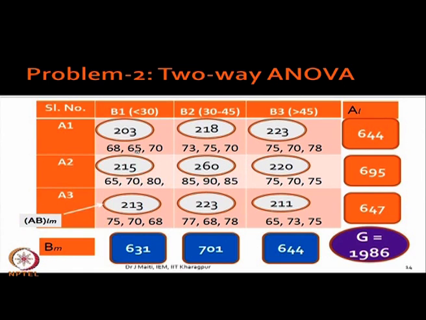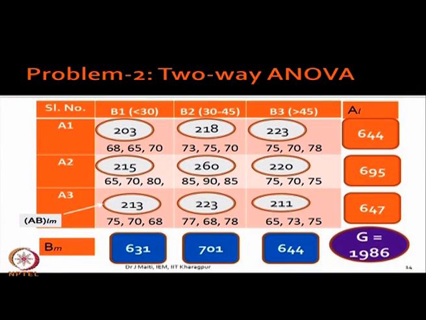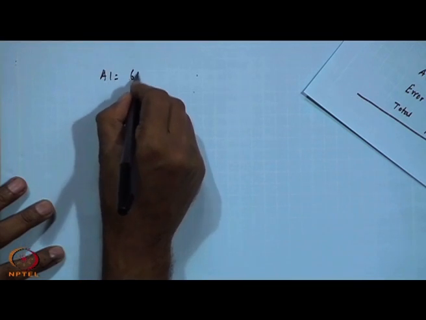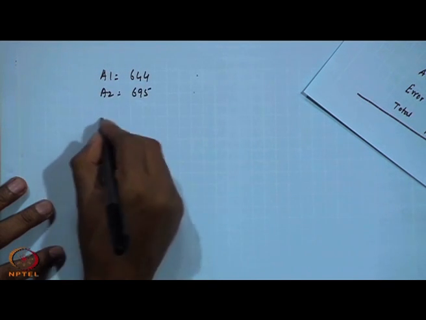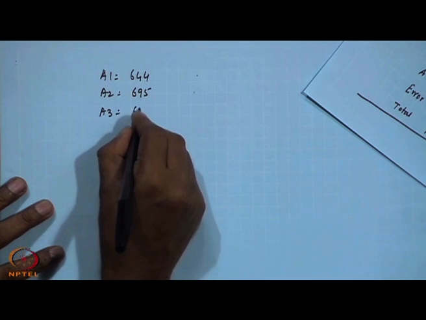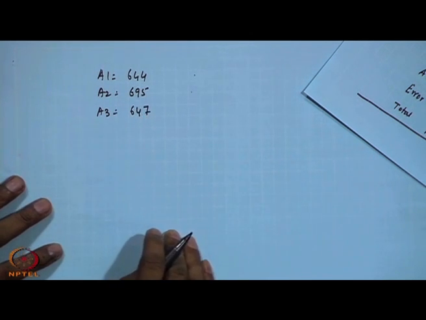Total means 68 plus 65 plus 70, all values. This is 644. For A2 it is 695, for A3 it is 647. So, we are denoting it as A1, A2 and A3. So, write down A1 equal to 644, A2 equal to 695, A3 equal to 647.